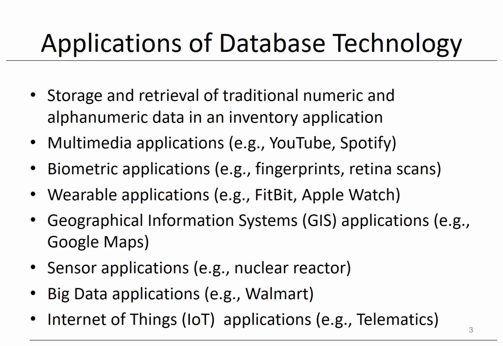Biometric data, including fingerprints and retina scans, are often used for security, such as border control as you enter a country. Similar information is gathered by wearables, such as a Fitbit or an Apple Watch, that continuously monitor and analyze your health and fitness. Geographical information systems, or GIS applications, such as Google Maps, store and retrieve all types of spatial or geographical data.